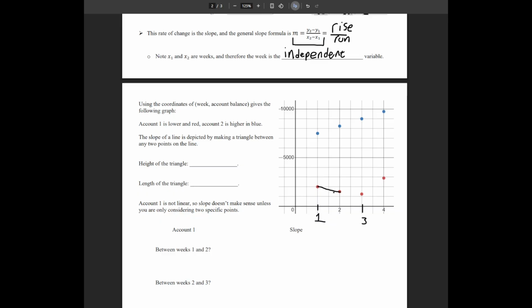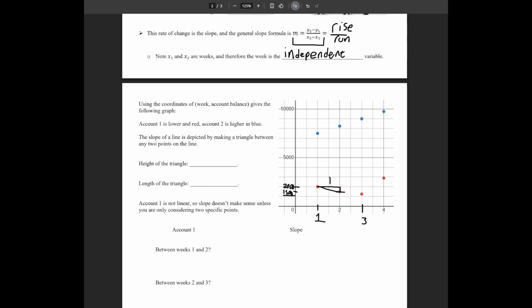we can't quite tell what's going on here. What we need to do is find the length along with the height of a triangle between here. So if we find the length, this is just 1 unit. This is 1. If we want the height, we actually have to do this output right here, so the 1,500 and 2,000, we have to subtract these two values.